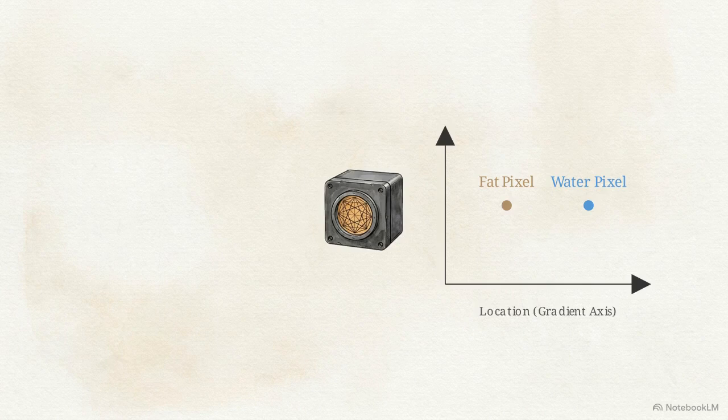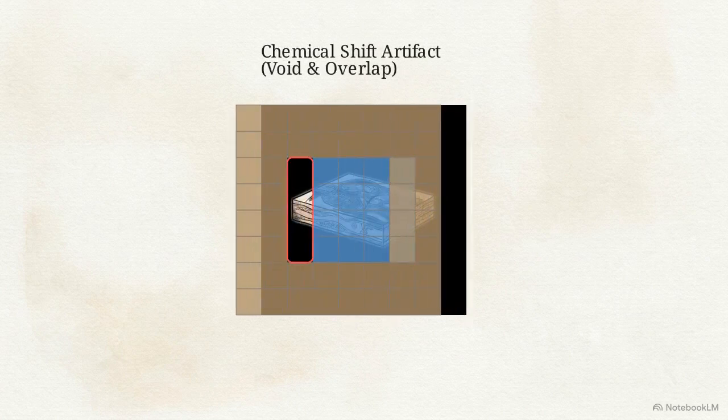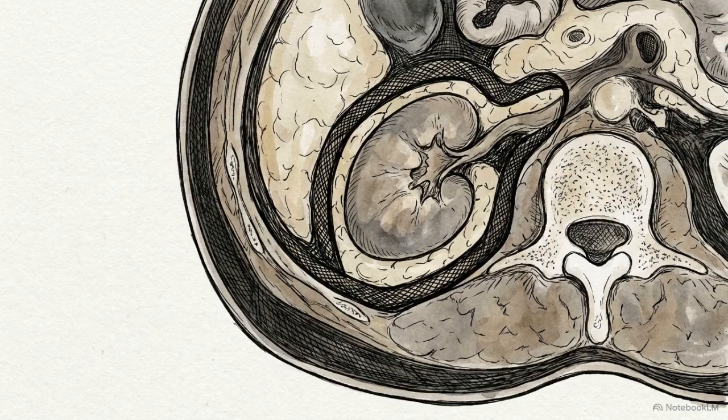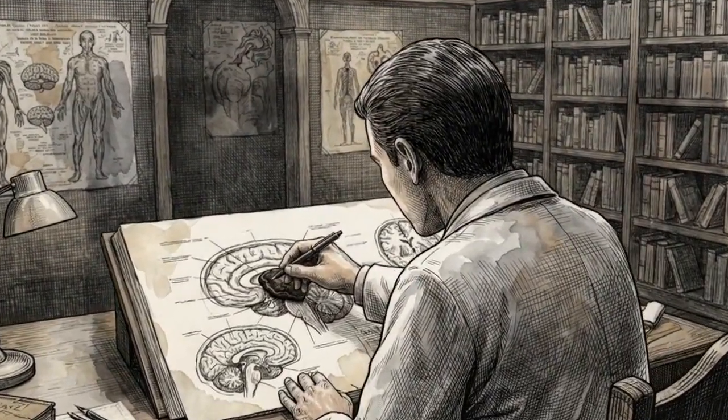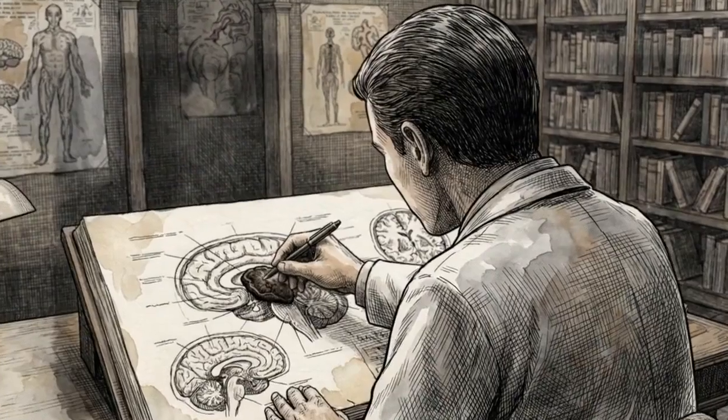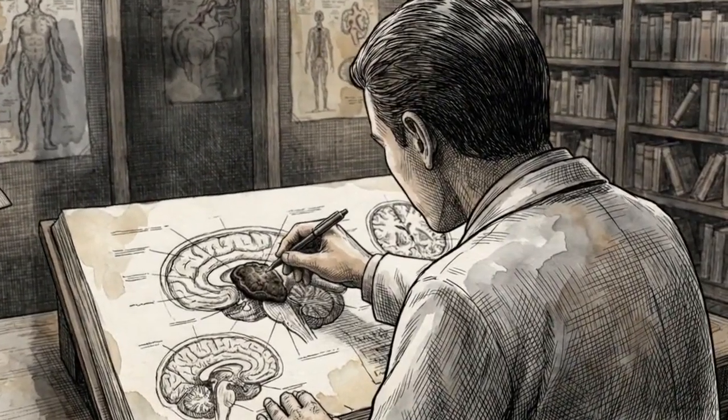It simply reads the lower frequency of the fat, assumes it must be physically located further down the gradient, and shifts the fat pixels away from the water pixels along the frequency encoding axis. These misregistrations are inherent results of the spatial encoding process. A radiologist must master these mechanics to recognize exactly when and in which direction the hardware's own logic is creating a false image.